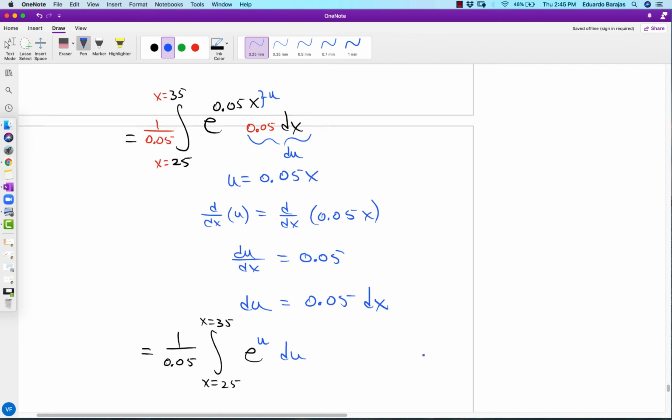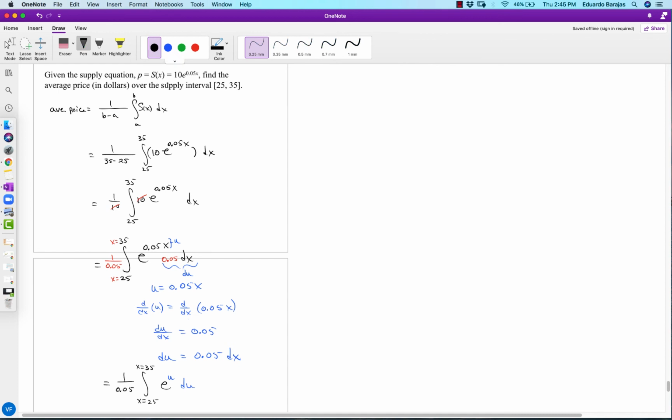So let me zoom out. So now I can take this over here and say that the average price is equal to 1 over 0.05 and then integral of e to the u du, and let's not lose track of the fact that x goes from 25 to 35.